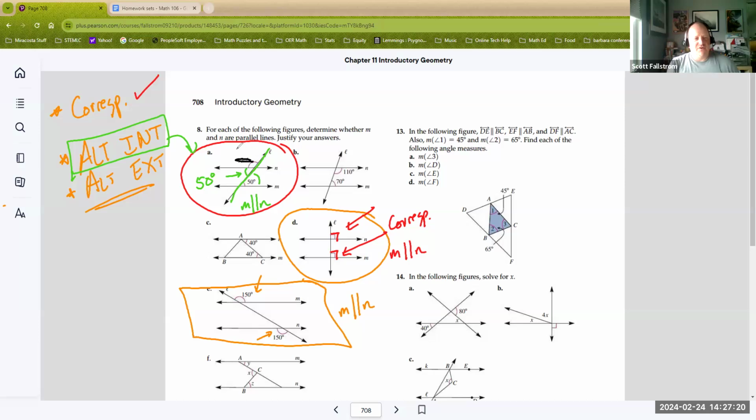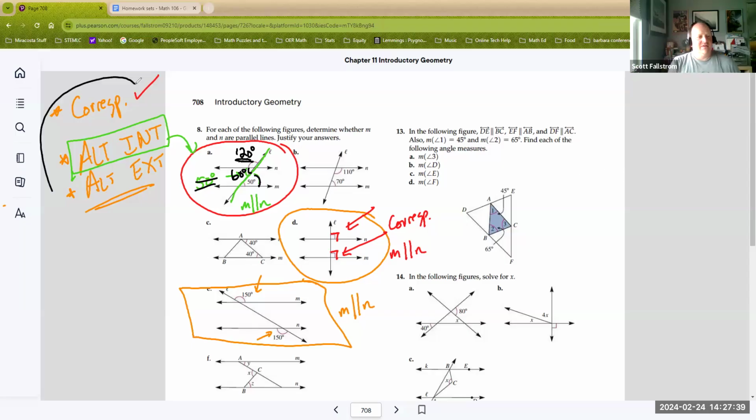If this wasn't 130, like on an exam, if I said this is 120, then the angle next to it would be 60 degrees. The corresponding is not congruent. So the corresponding angle of 60 degrees doesn't match with the 50-degree alternate interior, so therefore not congruent.